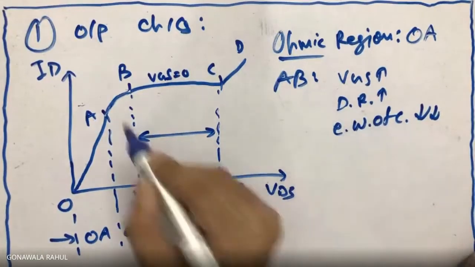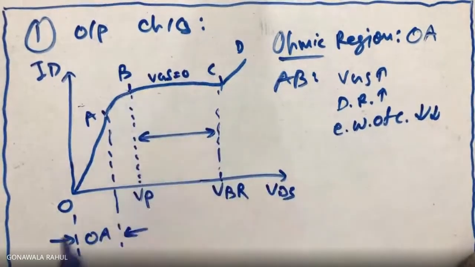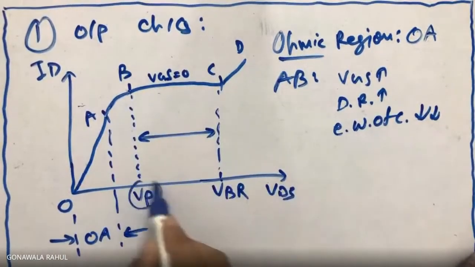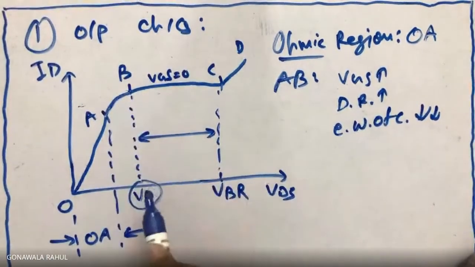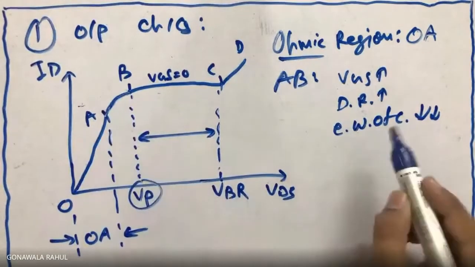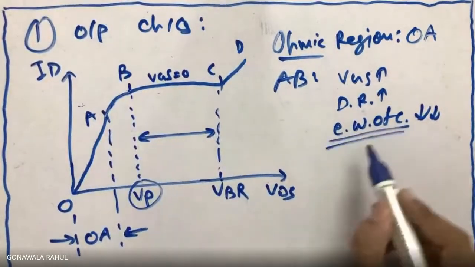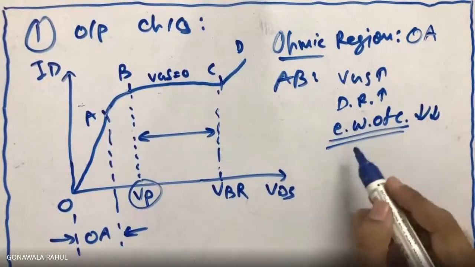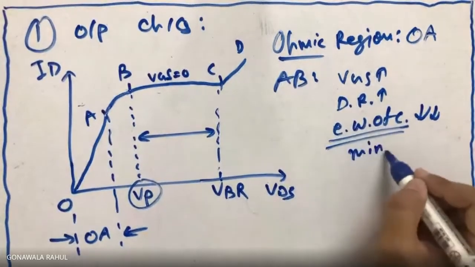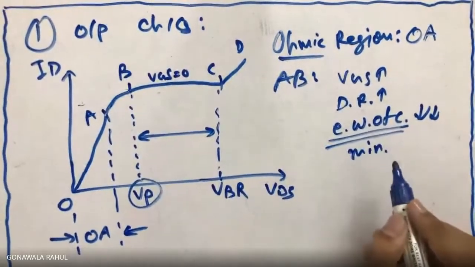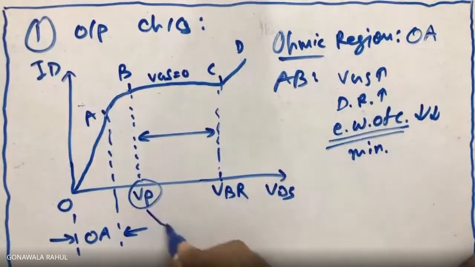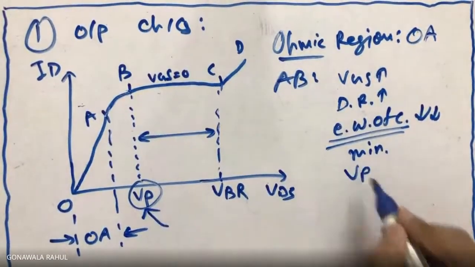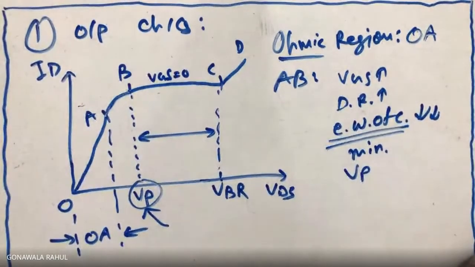So at VDS equal to VP, that is at point B on the curve, the channel width is reduced to its minimum value, and that point is known as pinch off point.